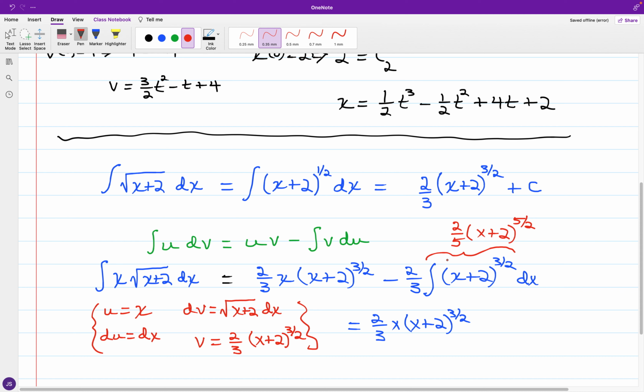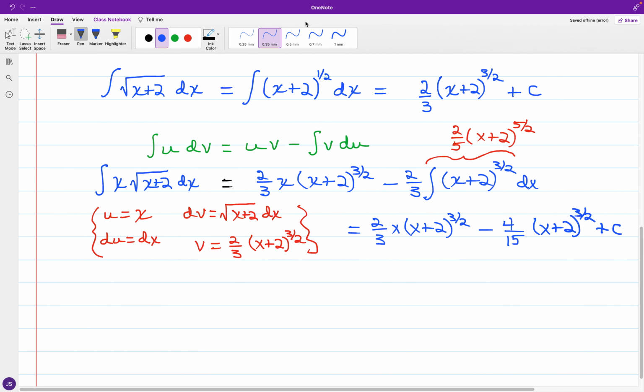Combining this with multiplication by negative 2/3, the complete result is 2/3 of x times the quantity x plus 2 to the 3 halves minus 2/3 times 2/5, which is negative 4/15, of the quantity x plus 2 to the 5 halves, followed by the constant.